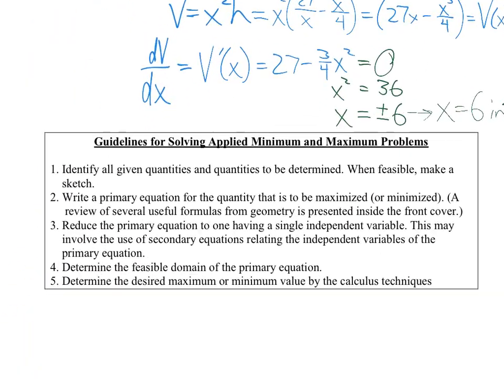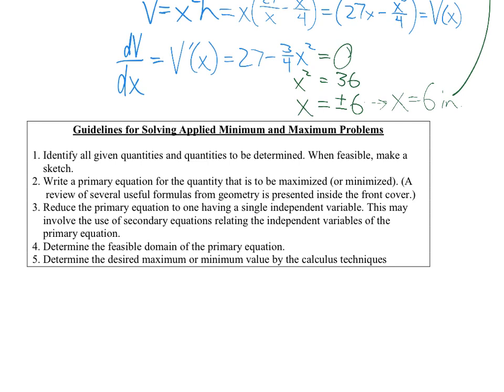So, here are some basic guidelines as you're doing these optimization problems. Identify what you're given and what you're trying to find. Make a sketch when it's possible. The sketch on a lot of these is really going to be important, especially if you don't remember your formulas from geometry.